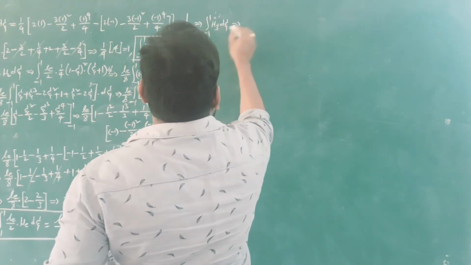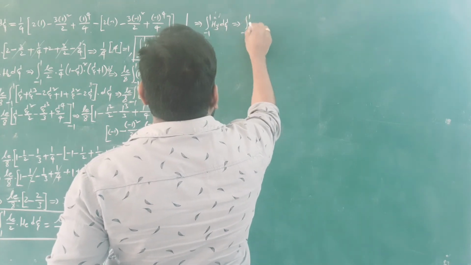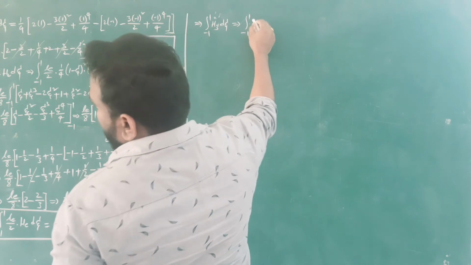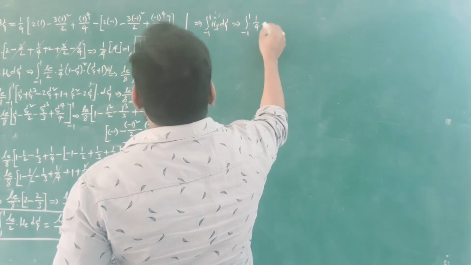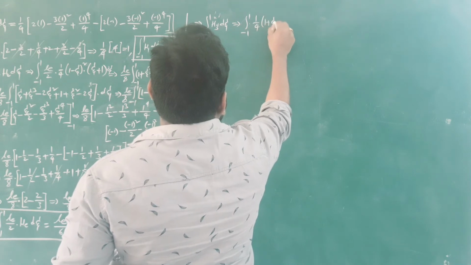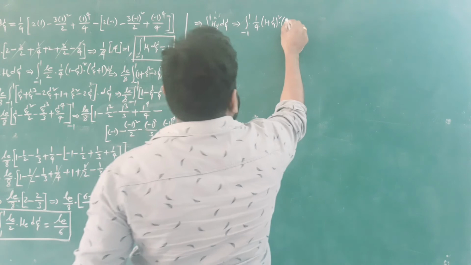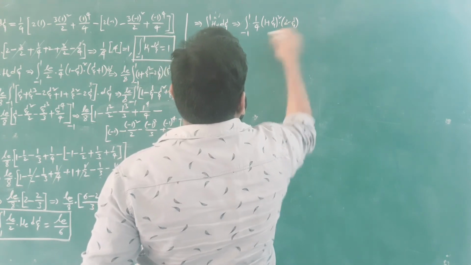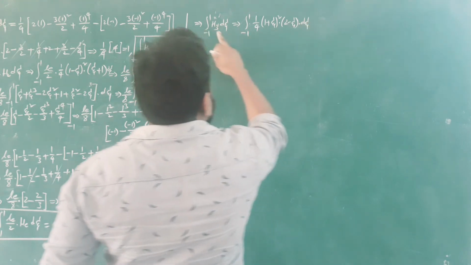So h3 you can write as the integral from minus 1 to 1 of 1 by 4 (1 plus j) whole square into (2 minus j) dz.